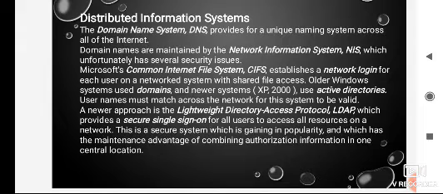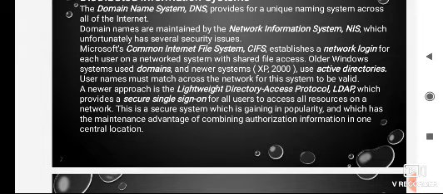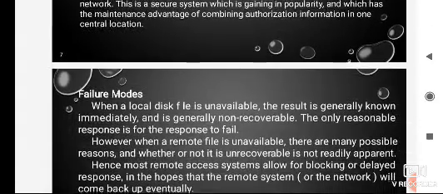A newer approach is the lightweight directory access protocol, which provides a secure single sign-on for all its users to access all resources on a network. This is a secure system which is gaining in popularity and which has the maintenance advantages of combining authorization information in one central location.